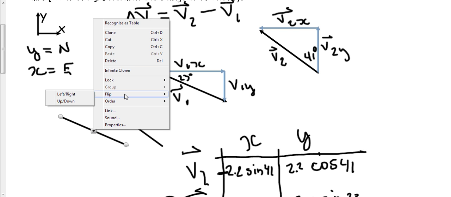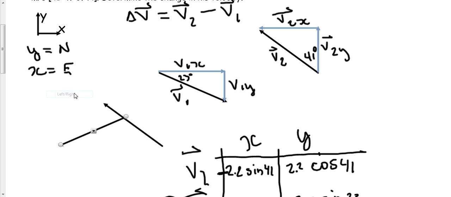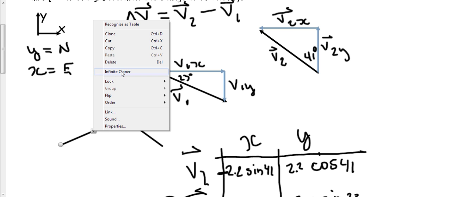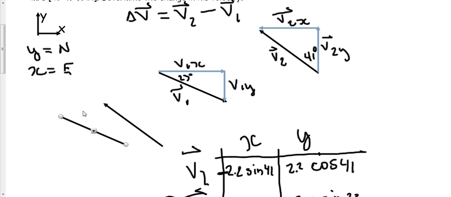Rotate. We can flip left to right. Flip up, down. So basically I've changed its direction. It was pointing this way, and I've changed it so it points the other direction.